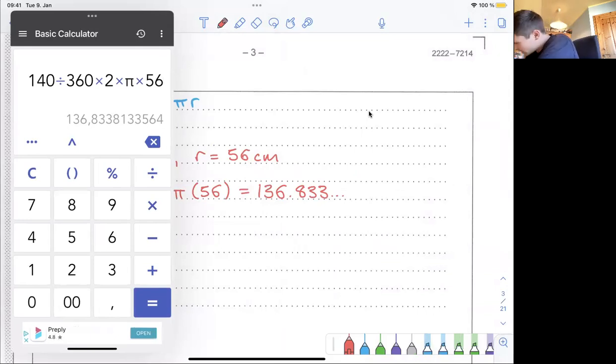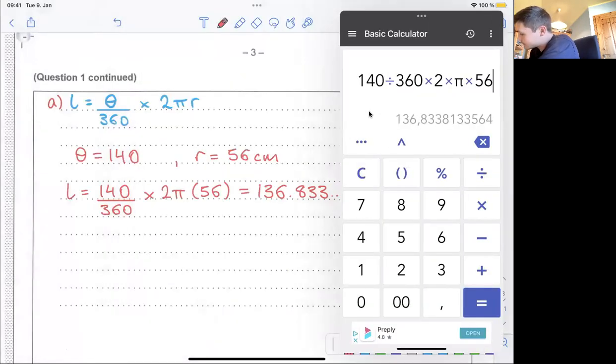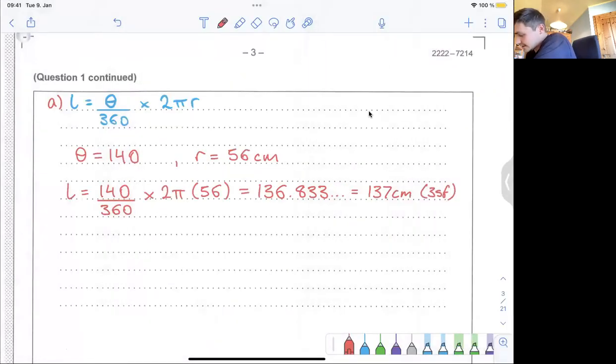Then in normal IB fashion, we will round this to 3 significant figures, which will give us 137 centimeters. We'll write the 3 significant figures down there. Cool, that's part A done. That's the answer there. So let's charge on to part B.